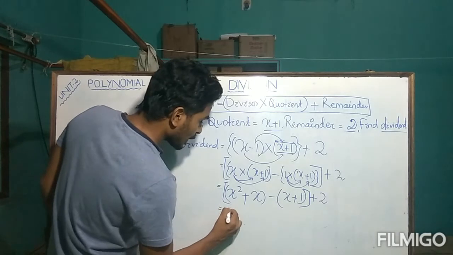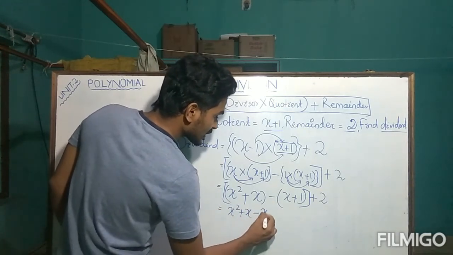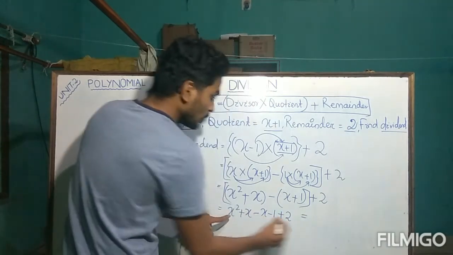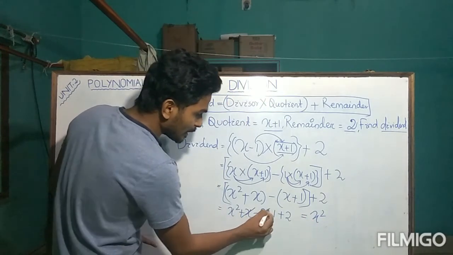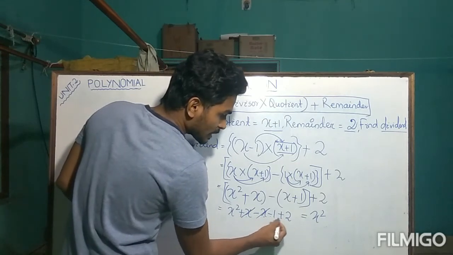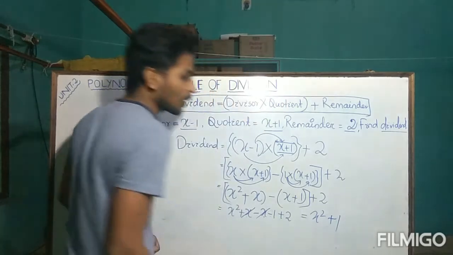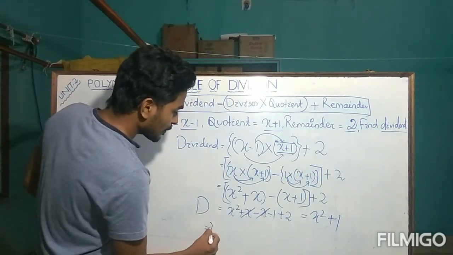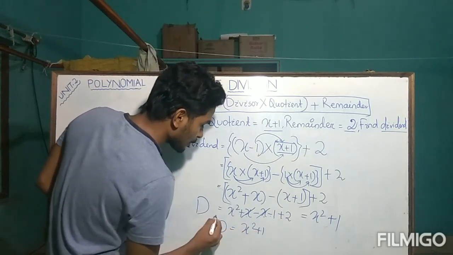Now by opening the bracket, the sign will change: x square plus x minus x minus 1 plus 2. The x and minus x cancel out. Then we have minus 1 plus 2, which are two like terms, so they can be added to give plus 1. And this is our dividend. Hence, dividend is equal to x square plus 1.